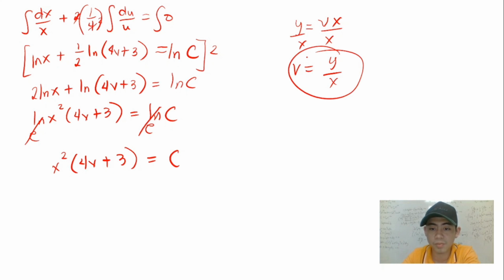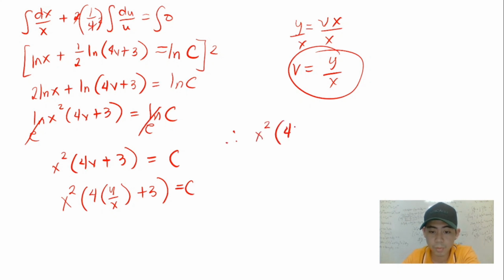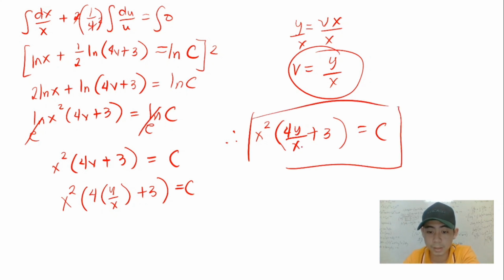So, we substitute this value of v into our answer. So, x squared times (4 multiplied by y over x plus 3) is equals to c. Therefore, the final answer is x squared times (4y over x plus 3) is equals to c. That's okay already, even if we don't distribute x to 3. It is considerable as our final answer.